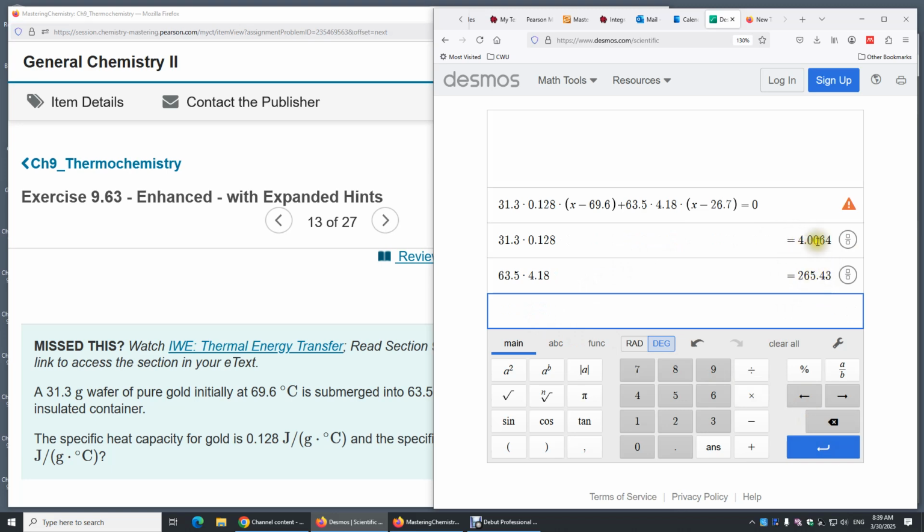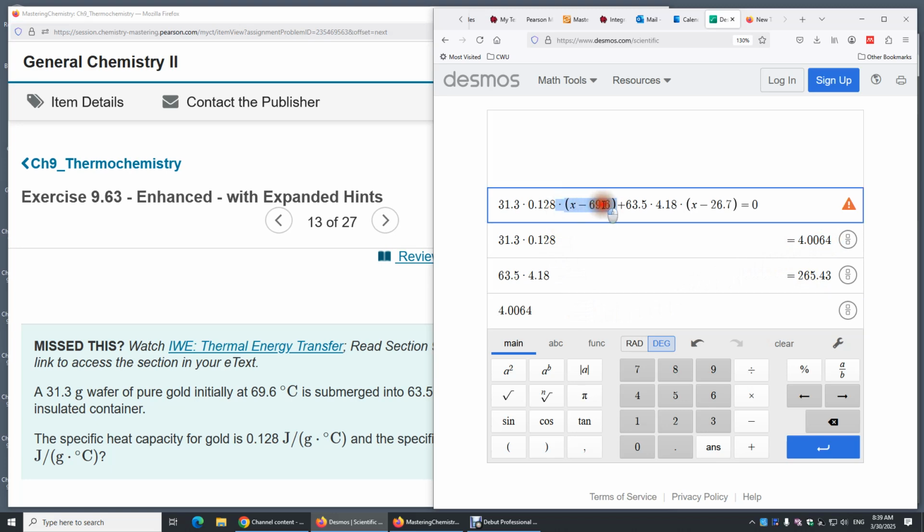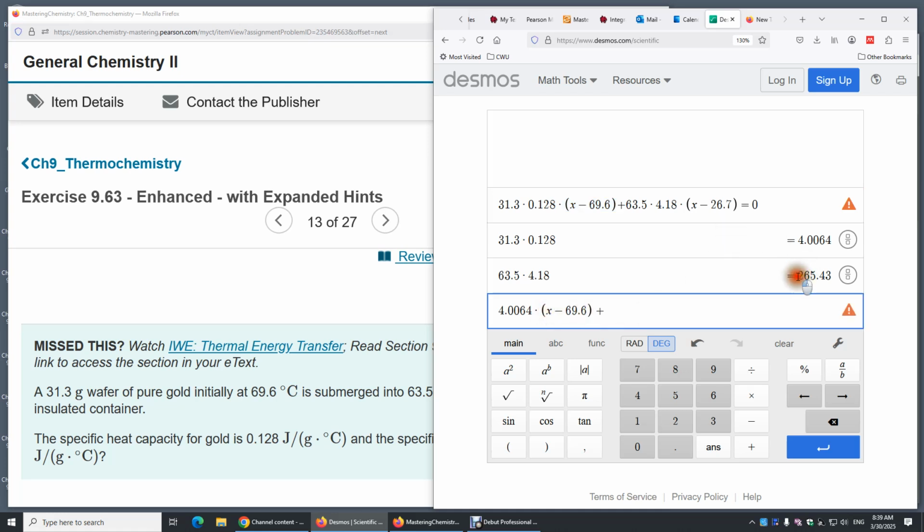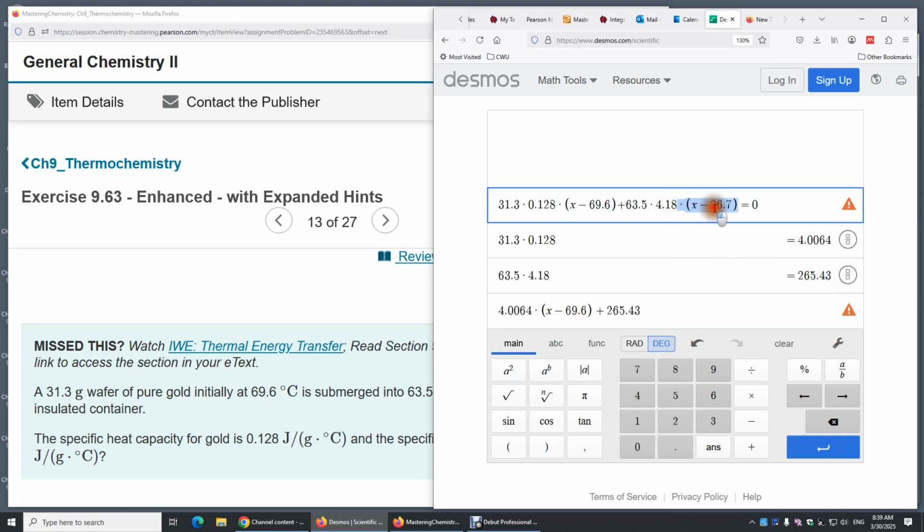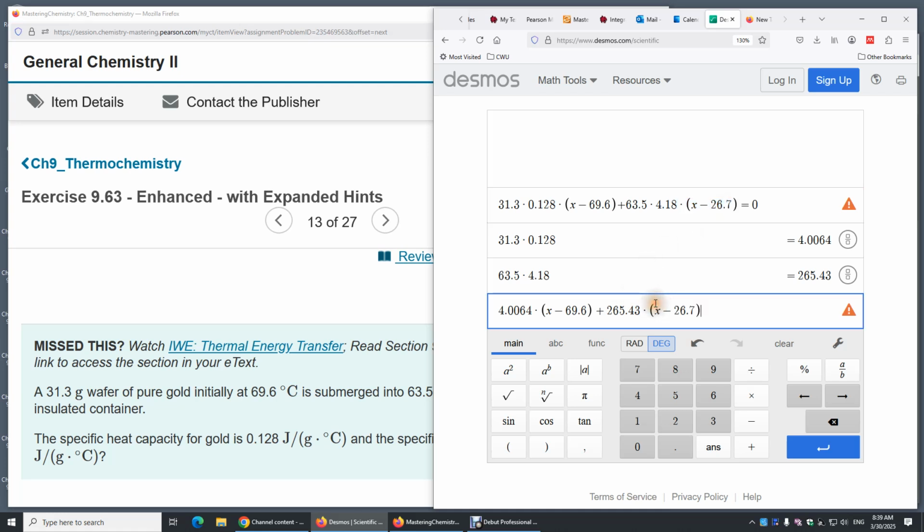So you can see this is for gold, this is for water. So I'm going to copy this equation here times this plus 265 times this equals 0.